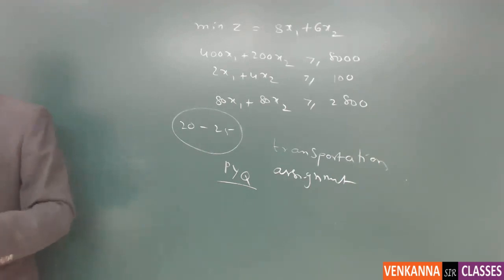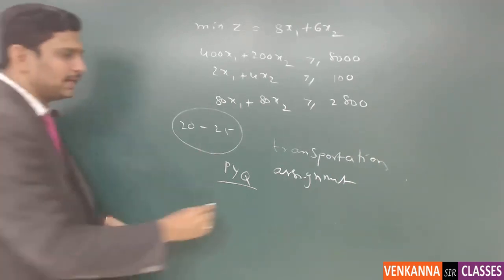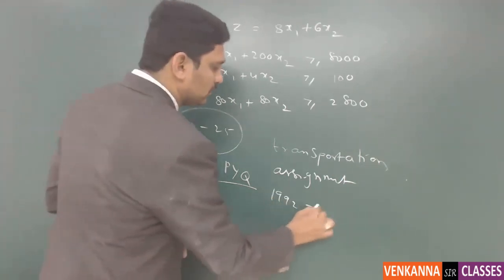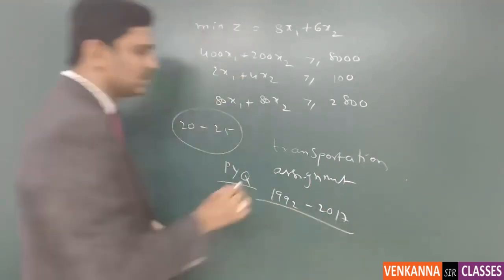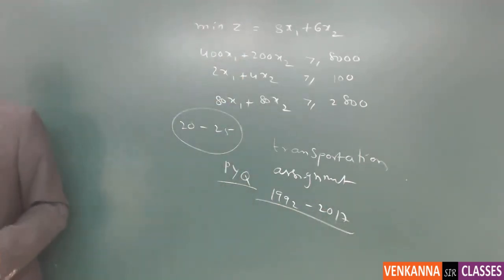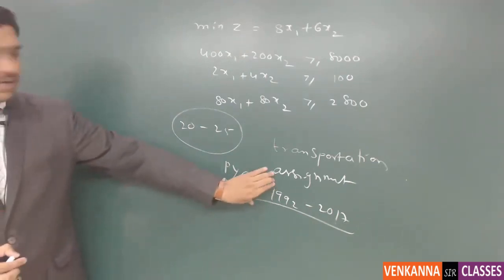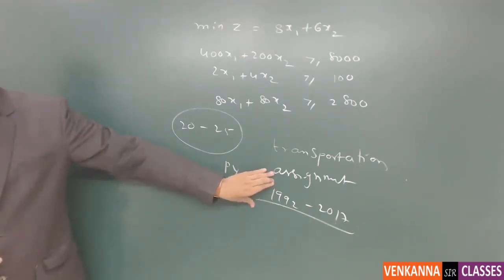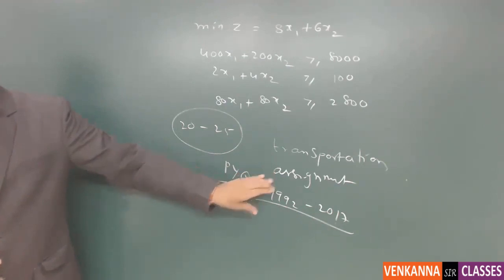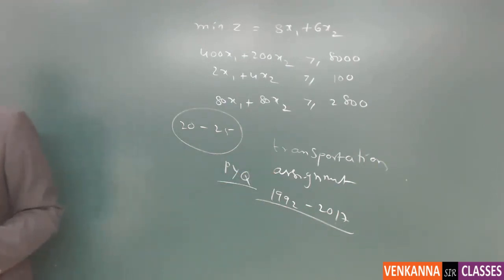You can solve right from the beginning, 1992 to 2017. All questions are available in PDF format. So if you don't have it, I will ask them to post in the group the PDF for these LPP problems taken from the previous year questions. Is that okay?